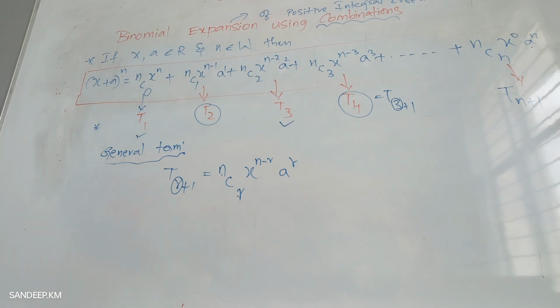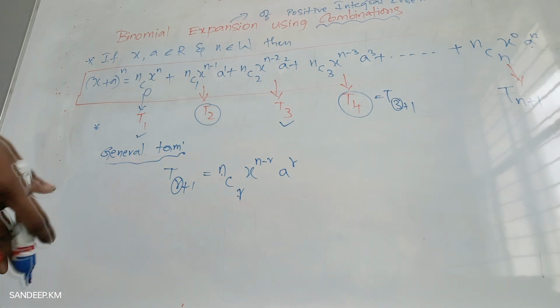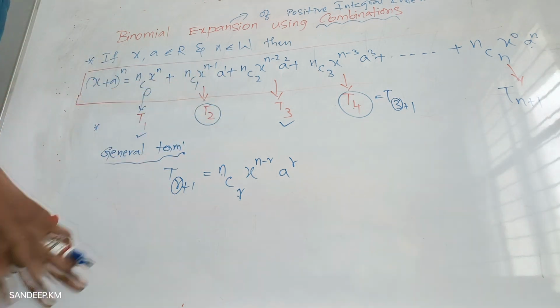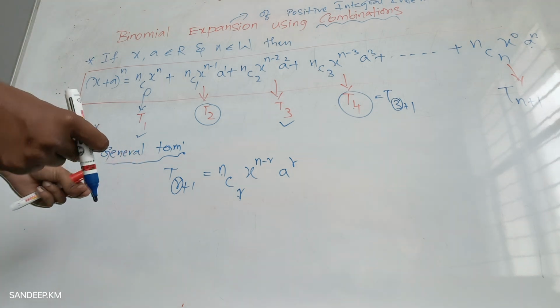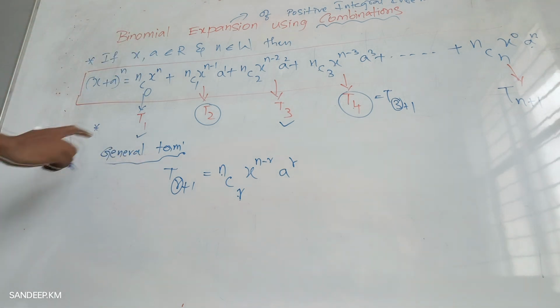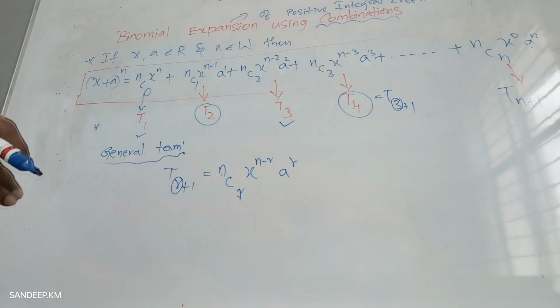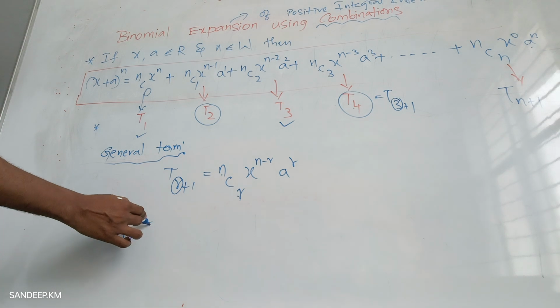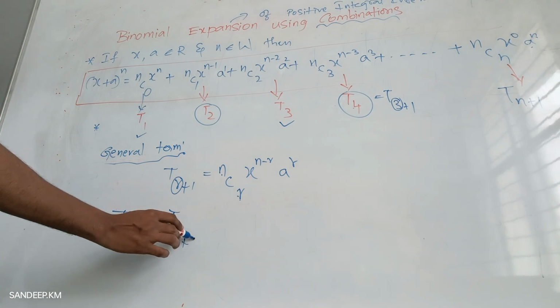So what is the use of the general term? Because in problems they will ask us to find the 7th term, 8th term, 10th term. Then no need to write the entire expansion. Use the general term and find the 7th term. For example, in this question, they are asking us to find the 10th term. So what term are they asking? 10th term, T10. T10 is nothing but T suffix 9 plus 1.